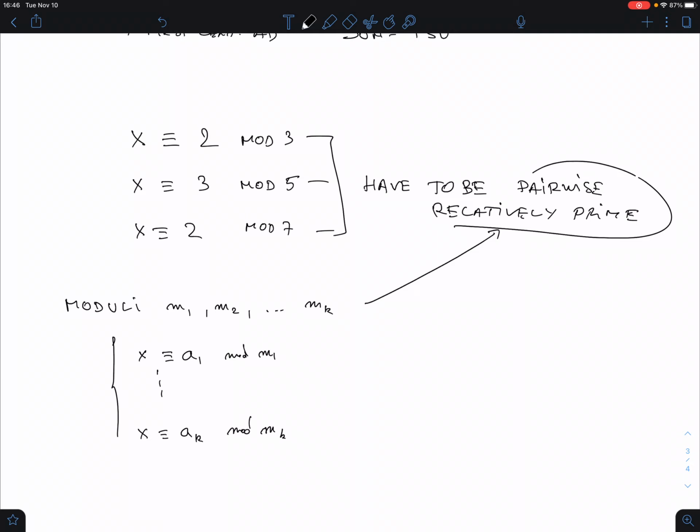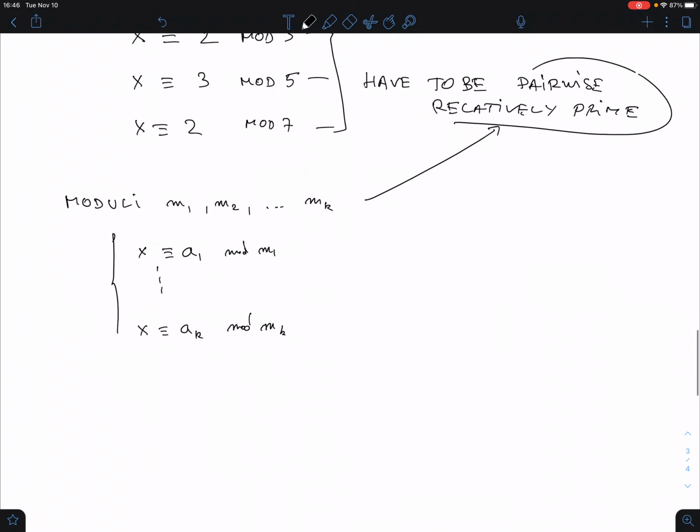There's such a solution. There's even a smallest one that you can find. Namely, there is a unique positive solution, x less than or equal to the product of these moduli.